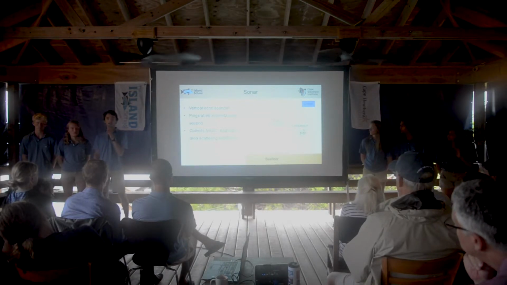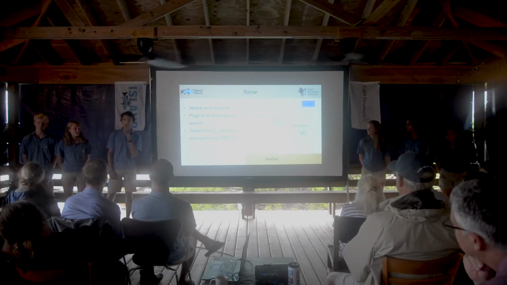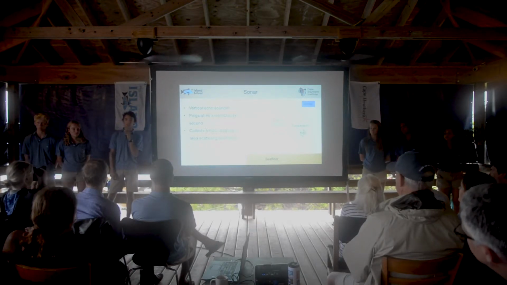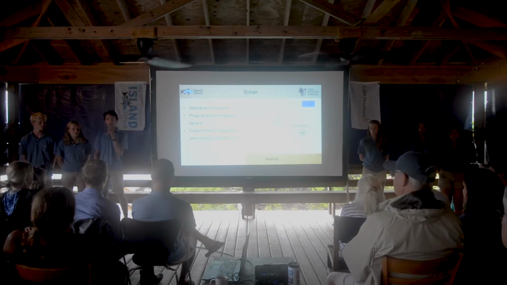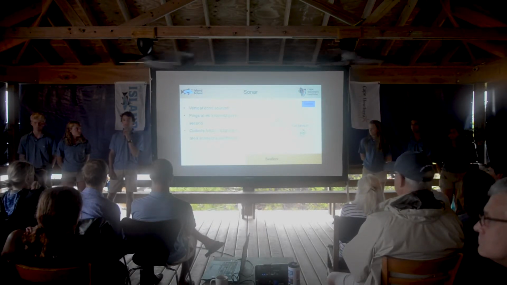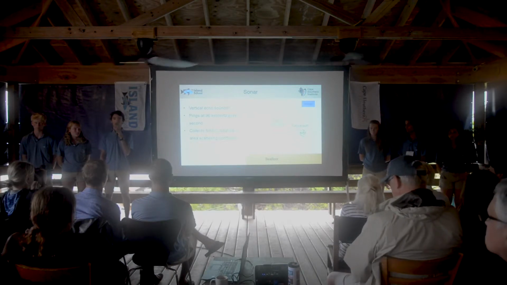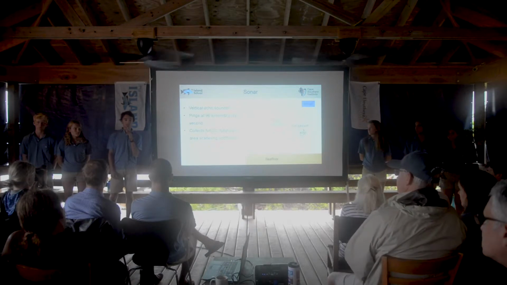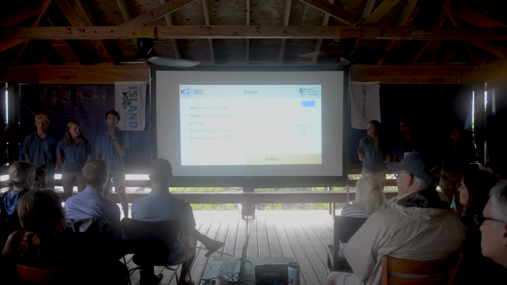Then the sound energy is reflected back towards the sonar, and the sonar is able to determine the distance and density of the objects in the water column. So the sonar gives us a value called NASC, which stands for Nautical Area Scattering Coefficient, and it's essentially a proxy for biomass in our project.